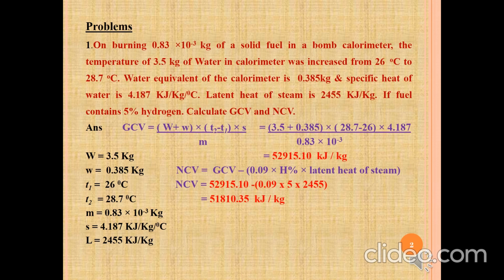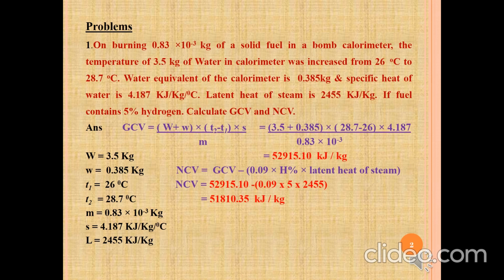Latent heat of steam is 2455 kilojoules per kg. If the fuel contains 5% hydrogen, calculate GCV and NCV, that is gross calorific value and net calorific value. So first of all we have to write the given terms.